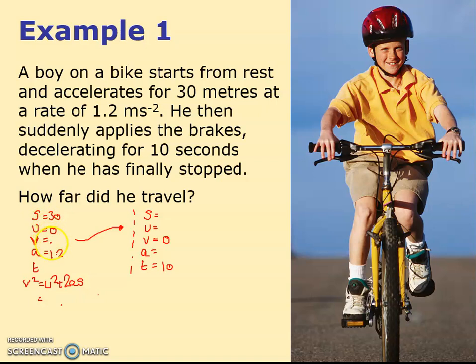Now the U luckily is 0, so that's going to disappear. Plus 2 times A, 1.2 times 30. So I'm going to type this in my calculator. What does this give me? 2 times 1.2 times 30 is of course 72, and I can ignore the 0 at the start because it's 0.